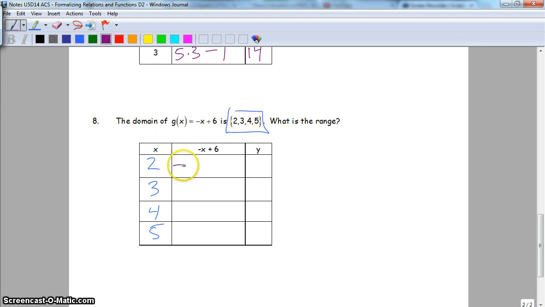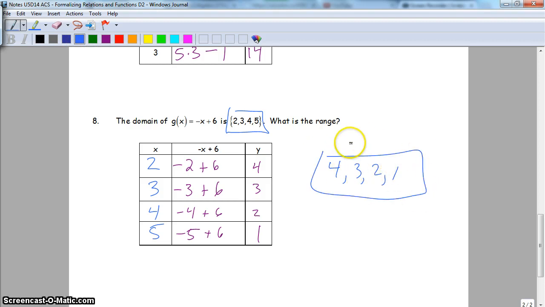So it's going to be the opposite of 2 plus 6, the opposite of 3 plus 6, the opposite of 4 plus 6, and the opposite of 5 plus 6. So hopefully y'all got 4, 3, 2, 1. So what is the range? 4, 3, 2, 1. That is our range.